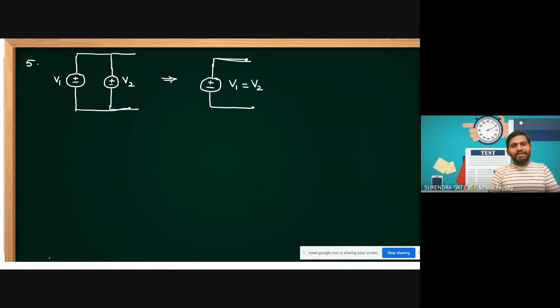Okay. But in this case, very important note. If V1 is not equal to V2, students, that means KVL is not valid. If V1 is not equal to V2, the KVL will not be valid. When the KVL is not valid, physical connection is not possible.